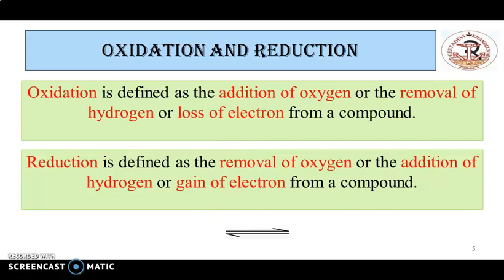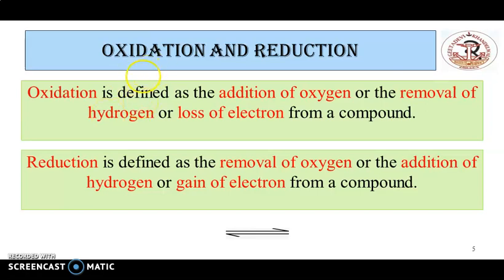Reduction means what? Reduction is defined as the removal of oxygen or the addition of hydrogen or the gain of electron by a compound. This is the reduction. So exactly opposite reactions take place in reduction as take place in oxidation.